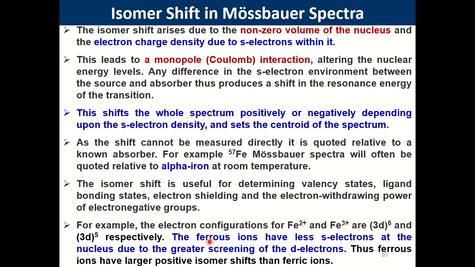So there is greater shielding of the s electrons in case of Fe2 plus, which leads to a decrease in the s electron density at the nucleus in ferrous ions. So greater screening by the d electrons leads to a decrease in the s electron density. So the ferrous ions will show a larger positive isomer shift as compared to the ferric ions.